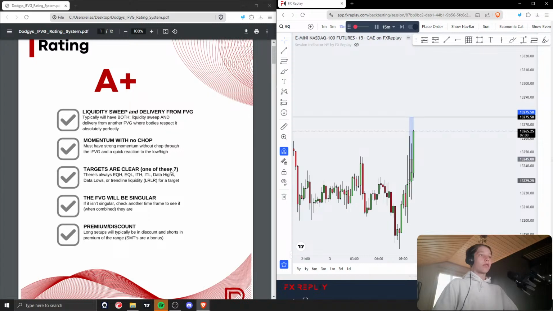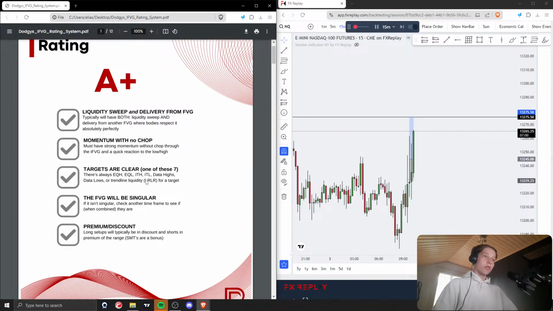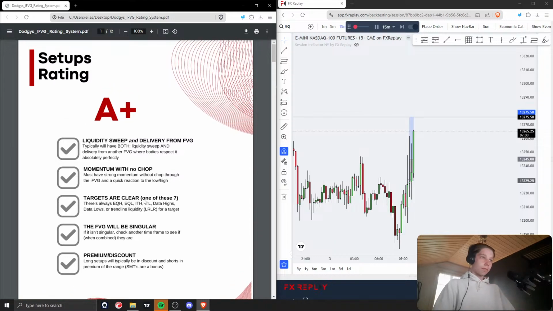Targets are clear on these setups, so there's always equal highs, equal lows, internal highs, internal lows, data highs, data lows, or trend line liquidity. That's also called LR, a low resistance liquidity run. And that's for the target.